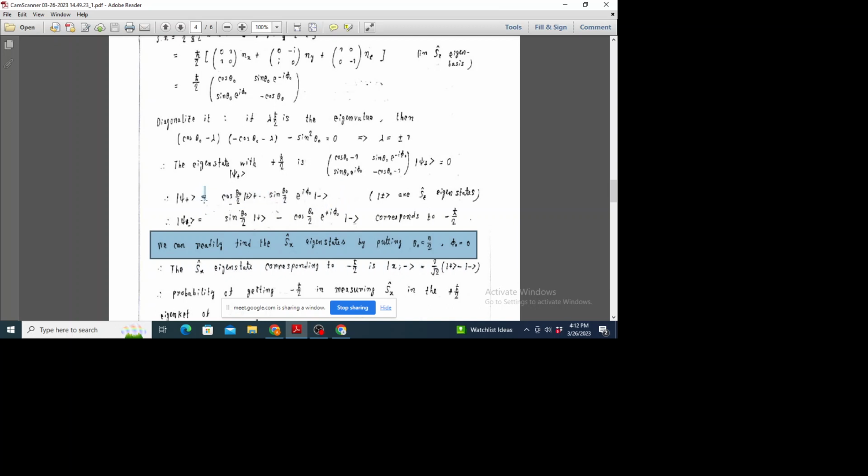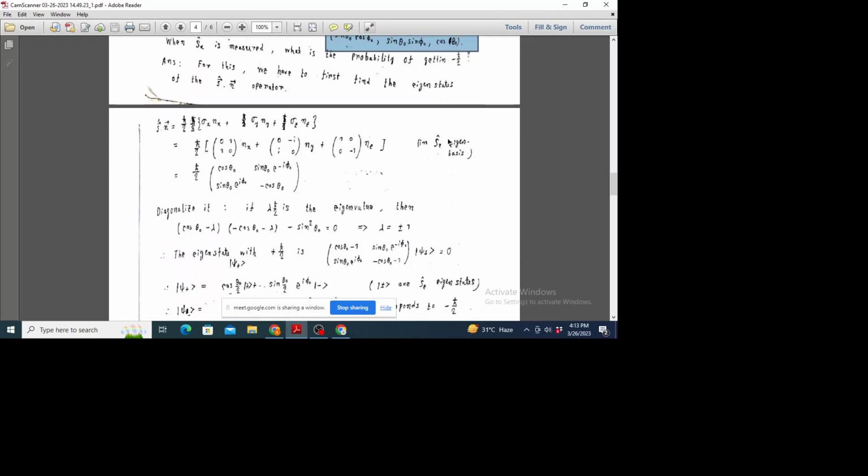Now for the x direction, what do you have? The x direction is described by theta naught equal to pi by 2 and phi naught equal to 0, which gives you 1, 0, 0, and that is the x direction.